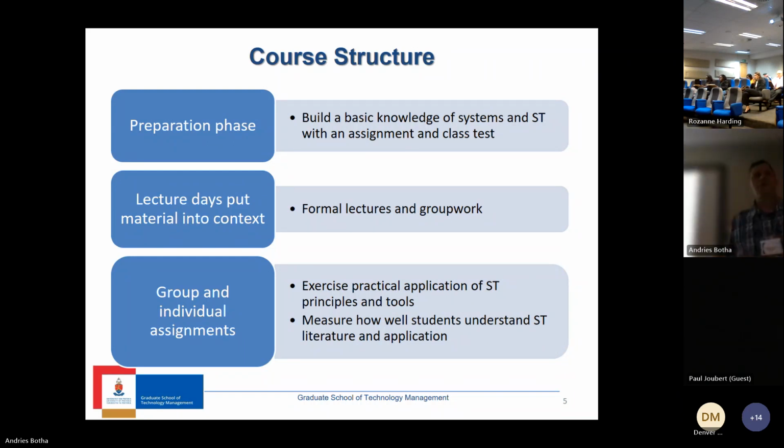In the classes, there are formal lectures, intermingled with some group work to break the boringness. Then after the contact session, there are a number of group and individual assignments that the students have to complete to test and exercise the tools they've learned, and to show that they can perform systems thinking on real world problems.